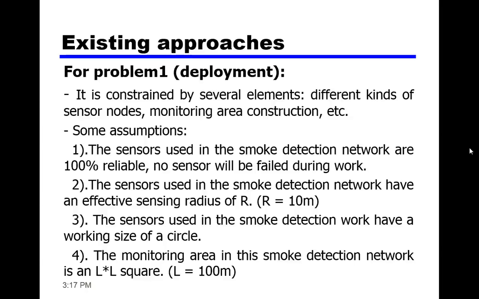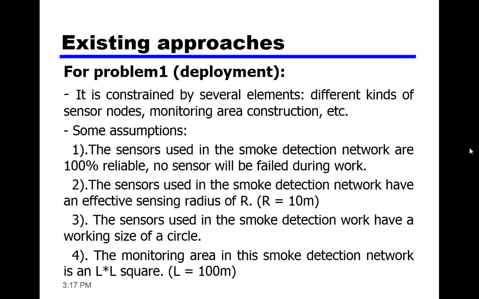For problem 1, the deployment actually varies in different scenarios, and it is constrained by several elements. Thus, before I introduce my strategy, there are several assumptions to be listed. First, the sensors used in the network are 100% reliable.